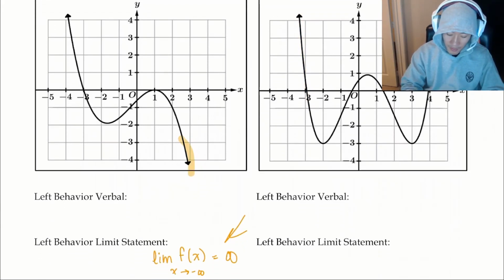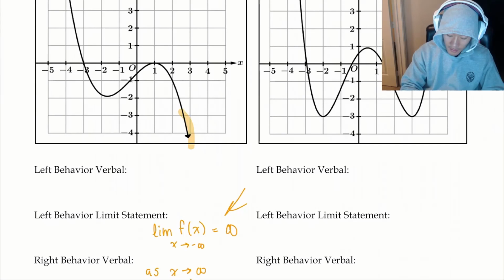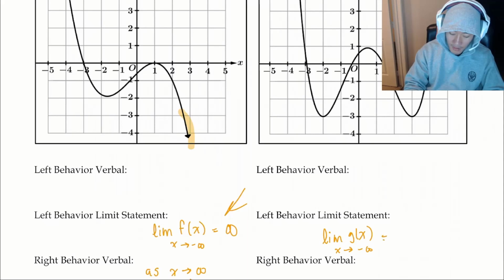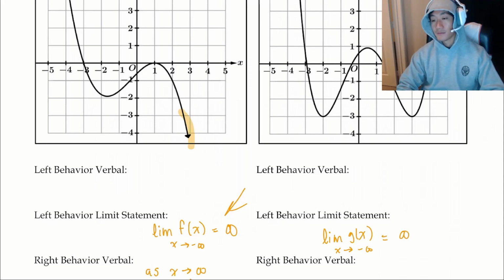But let's write this with limit notation. The limit of, let's change the function's name since we used f of x already, let's use g of x. The limit of g of x as x approaches negative infinity is equal to positive infinity.